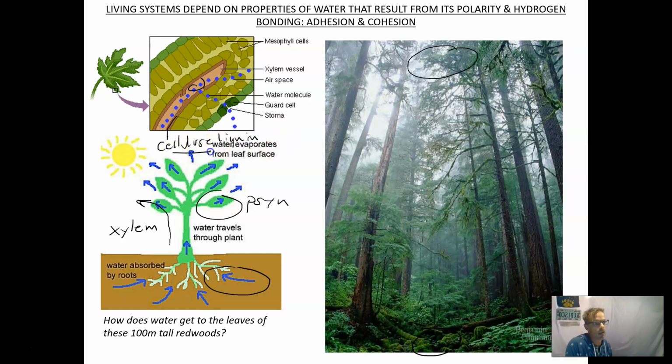And if the water molecule is adhering to this cellulose, that tells you that cellulose is going to be a polar molecule in and of itself, or parts of it are going to be charged. So you get adhesion between those water molecules and the cellulose, and that helps support that column of water when it's 300 feet above the ground and getting it up against that force of gravity as well.